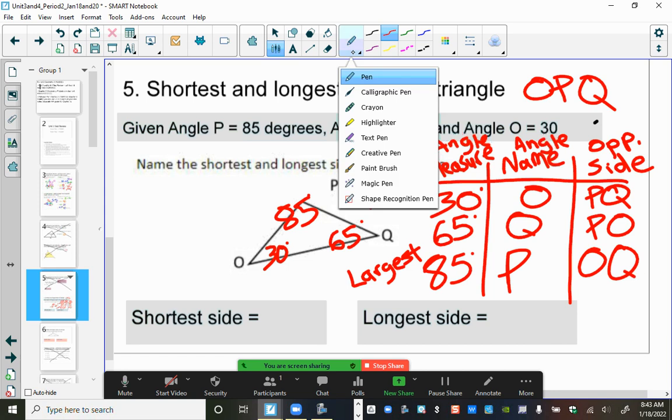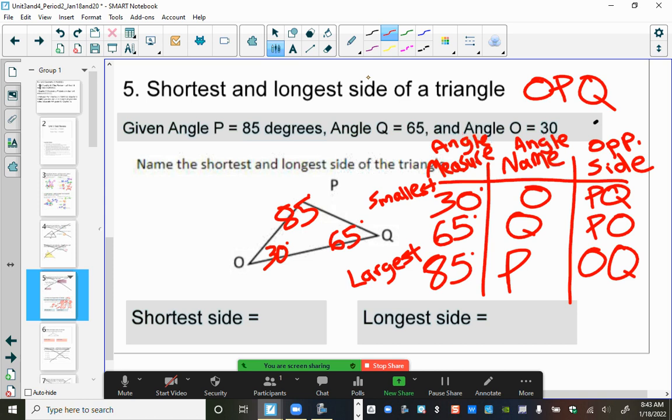This is your smallest. 30 degrees is your smallest angle, and that's angle O. Your two other letters give you your shortest side. That's how you're going to get it. I promise, you will get this question, or its opposite, where I give you the side and you give me the angle. You're going to get one of these two.